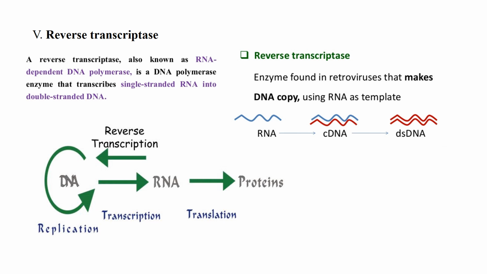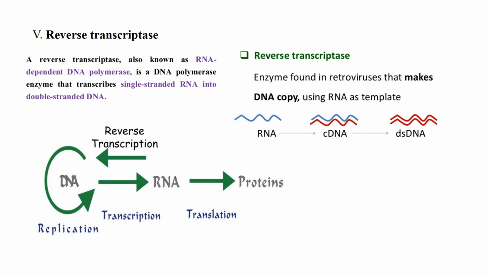Other group of enzymes are reverse transcriptase. As the name indicates, they form the DNA copy using RNA as template. Okay, and they are found in retroviruses. Actually, they use RNA to form DNA.